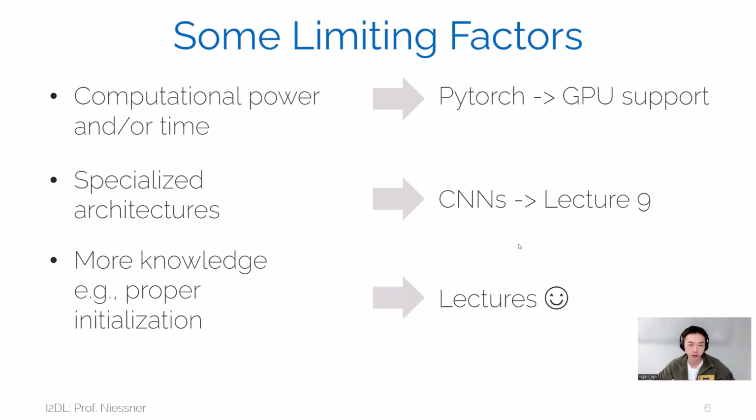And it may also have more knowledge, like proper initialization for the network training, or any other stuff that may affect the training performance. You can find it in the lectures.